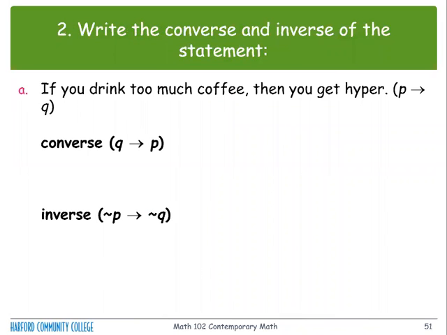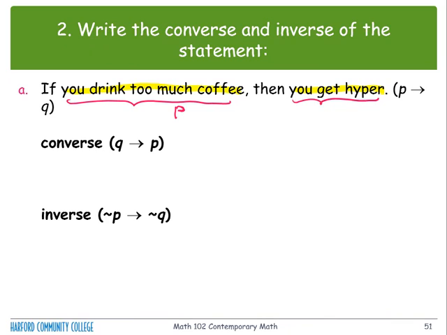Next one, we're going to write converse and inverse of the statement. For the given statement, if you drink too much coffee, then you get hyper. So we consider this as the conditional statement P then Q. Therefore, we identify the statement P as it represents you drink too much coffee.